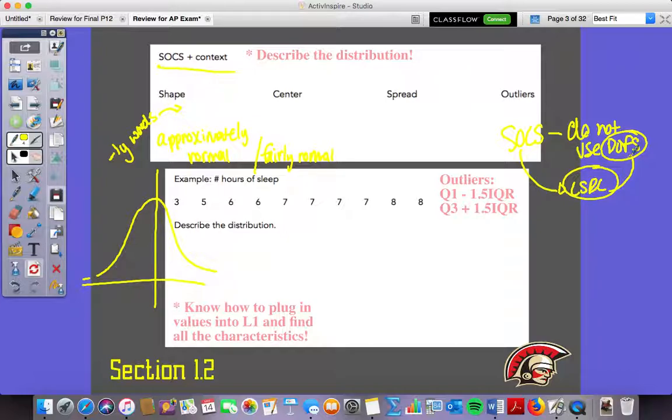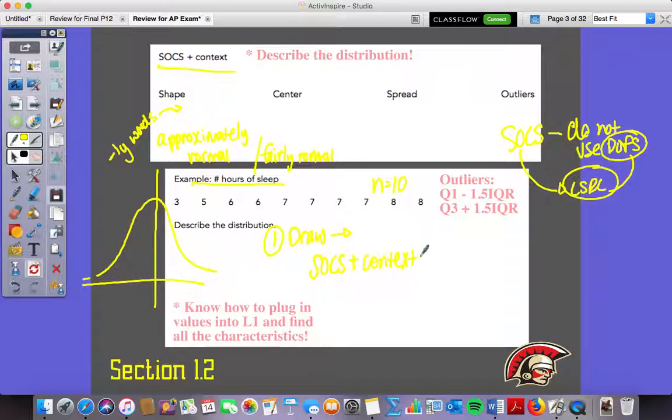All right, so if I were to give you, let's say, the number of hours of sleep, I gave you a sample size of 10, and I said out of these 10, describe the distribution, the first thing I would have to do is first draw, right? And then once I drew, then I would go into SOCS plus context, right?